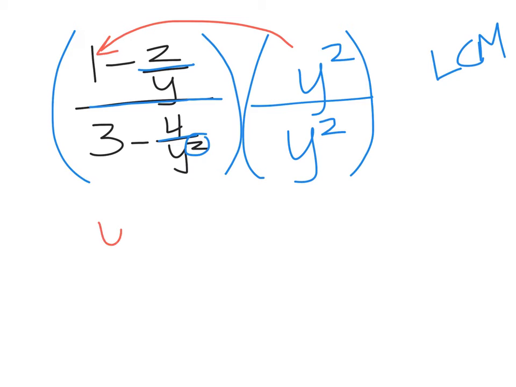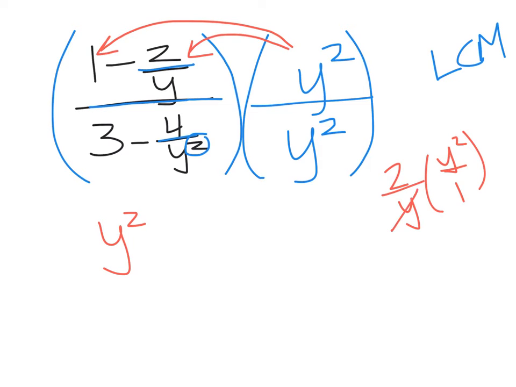1 times y squared is y squared. Then we're going to distribute here 2 over y times y squared. What's going to happen is your y in the denominator is going to cancel, and I'm left with 2y.